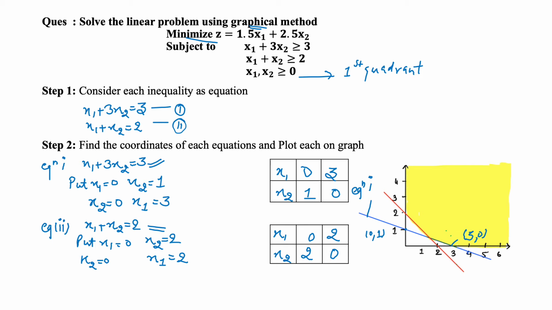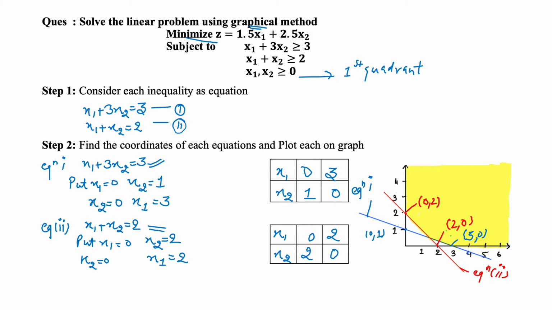Now comes the second equation. For the second equation, x1 equals 0 and at that time x2 is 2. Similarly, x1 is 2, x2 is 0. So this red line is drawn for equation 2.